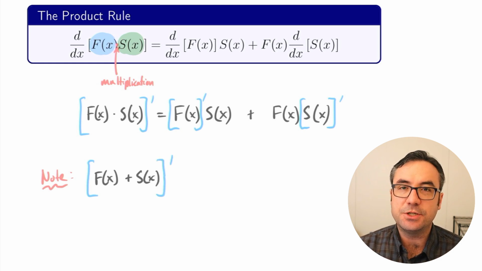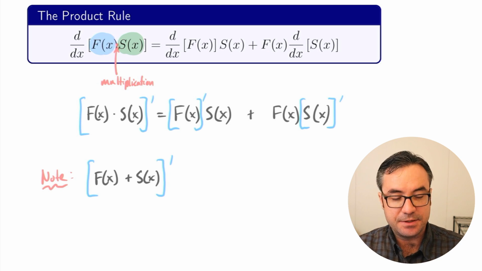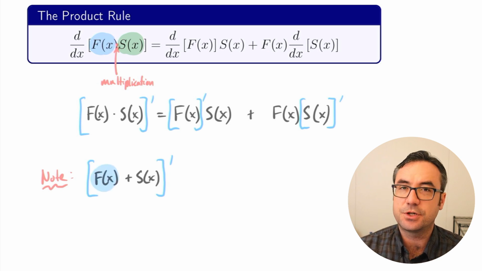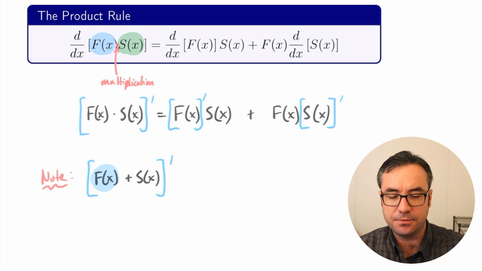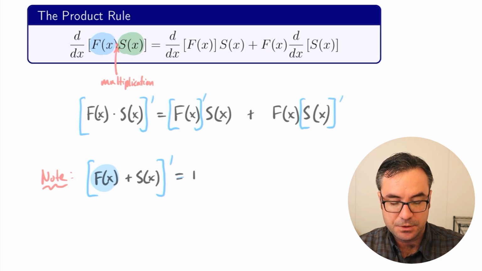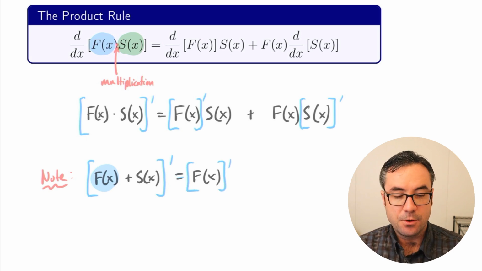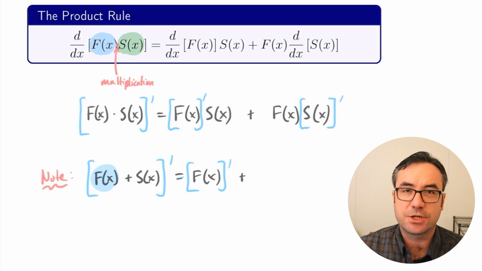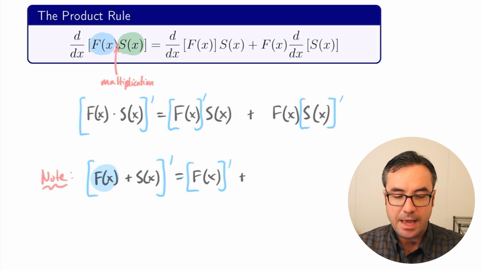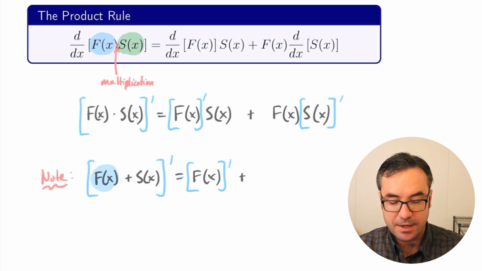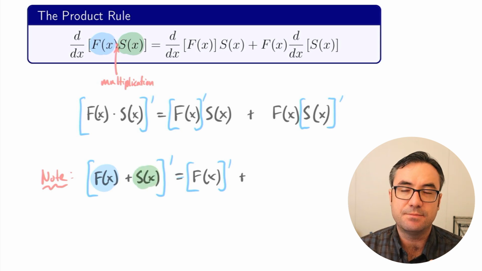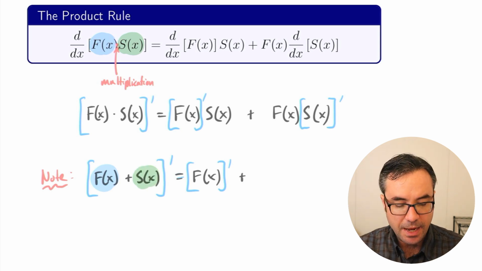Well, the way we differentiate that is look at the first term, differentiate that on its own. So we get the derivative of just that part. We keep the addition or subtraction sign in between. And then we also look at the second function, s of x, and differentiate that on its own.